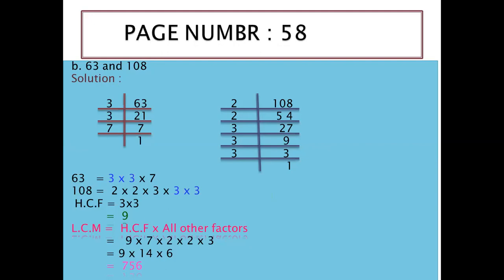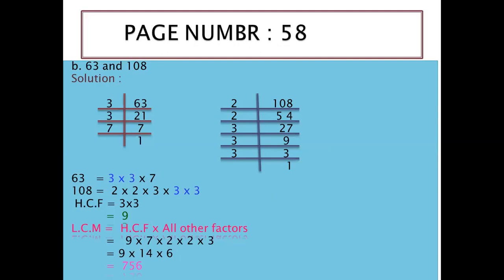Again we divide it by 2, 27. Now 27 is not divisible by 2. We start division with 3. 9 and 9 again divisible by 3 and 3. Definitely 3 is also divisible by 3. The factors of 108 are 2 multiplied by 2 multiplied by 3 multiplied by 3 multiplied by 3.